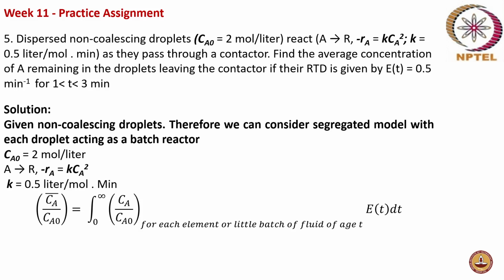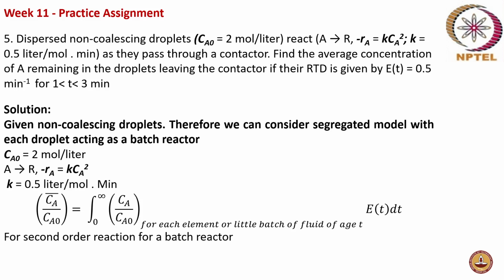Here Ca bar, the average final concentration, divided by Ca0, the initial concentration, is equal to the integral from 0 to infinity of Ca by Ca0 for each element or little batch of fluid of age t, multiplied by the exit age distribution, E of t into dt.